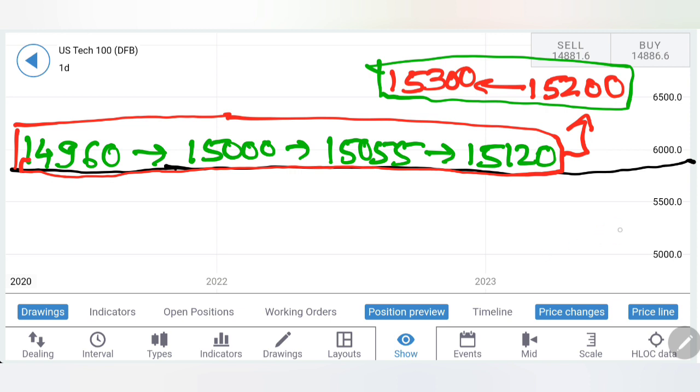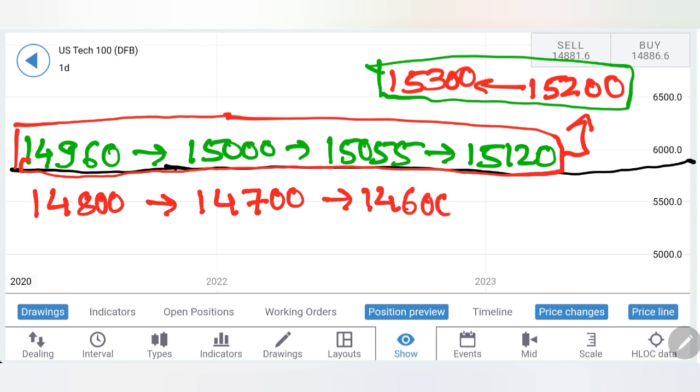And on the downside, where to sell? Because see, once anything goes overbought, it can continue with the bullish momentum for a little while. So where to sell here? I will only recommend you to sell at 14,800. Wait for a little while there. Direct levels 14,700 and then 14,600. Now 14,600 is going to be an extremely important support level.